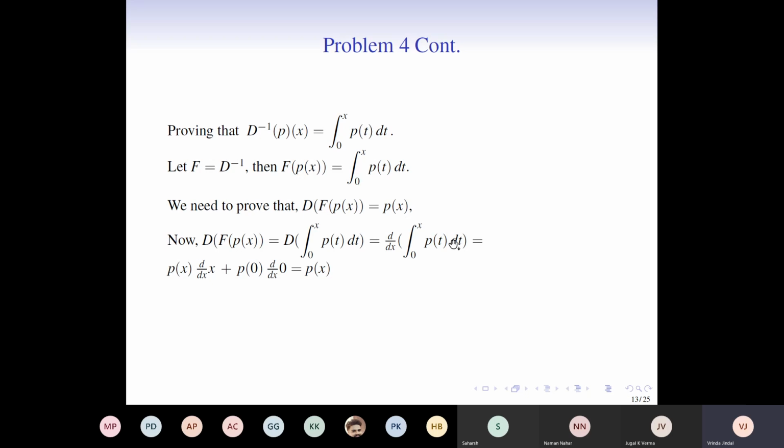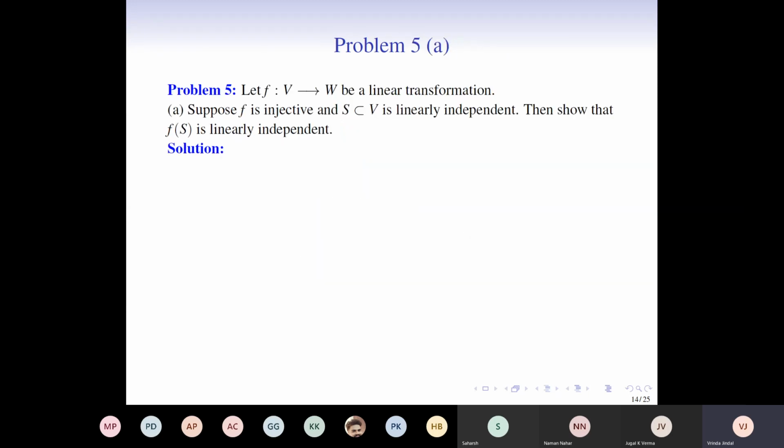Because p here is not a function of x, that term goes to 0 and we just have these two terms. And this, as you can see, is p(x). So indeed we have proved that D of F of p(x) is p(x). So this F defined by this is indeed D inverse. Hence we have proved what we wanted to prove. Are there any doubts?